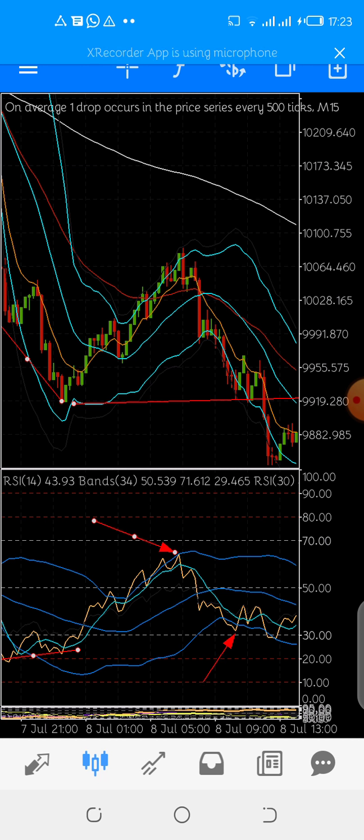Okay, so you place your trade, the first resistance it hits after it comes back into the Bollinger Band. So there are two resistance points here, but you use the first one. The first peak you can't use, because it was still outside the Bollinger Band. It had not come into the Bollinger Band.